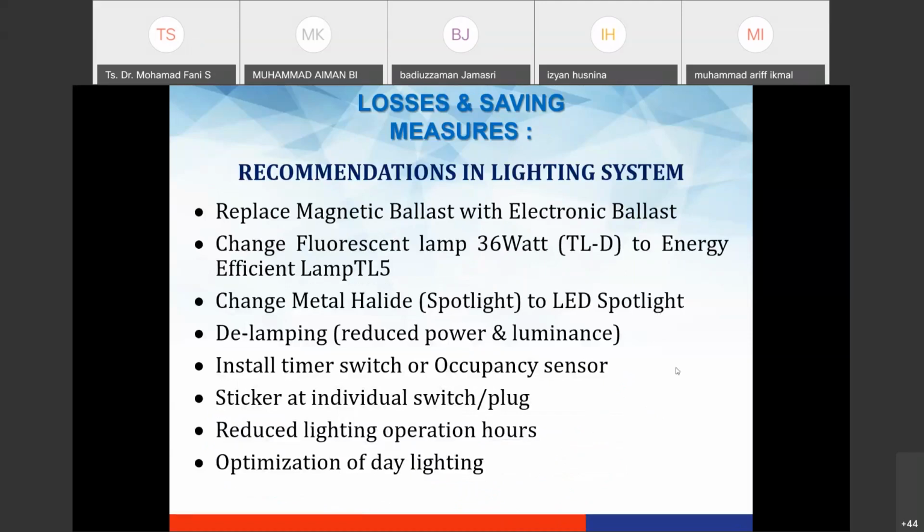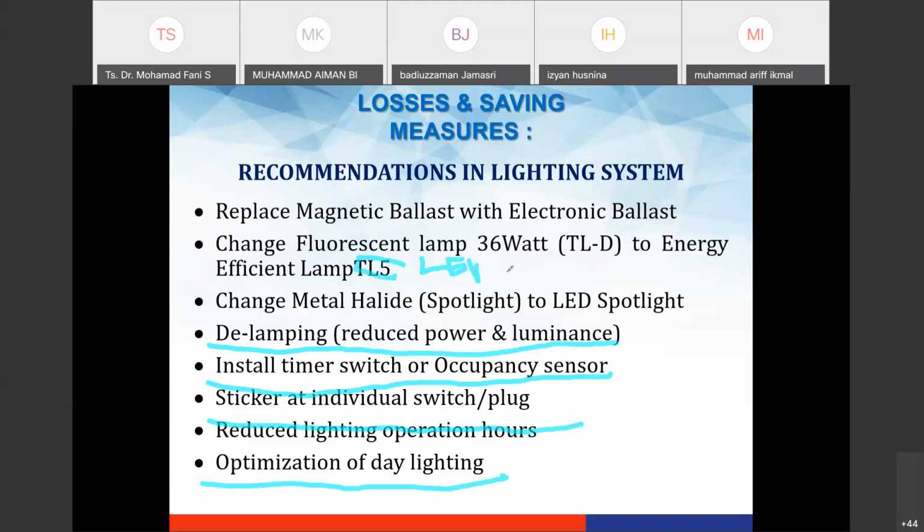Recommendation in lighting system: replacement of magnetic ballast. This one is the recommendation, or we call it ECM, energy conservation measures. Delamping, reduce power, install timer switching or occupancy sensor, optimize daylighting, change fluorescent lamp TLD to energy efficient lamp T5 or LED.